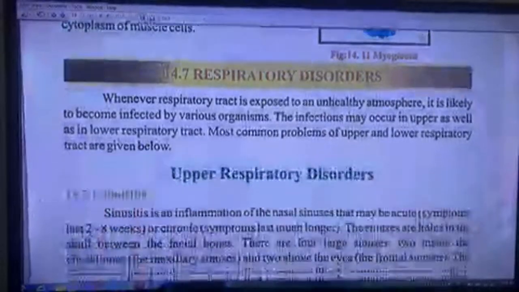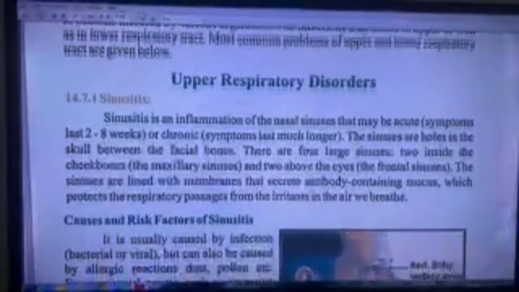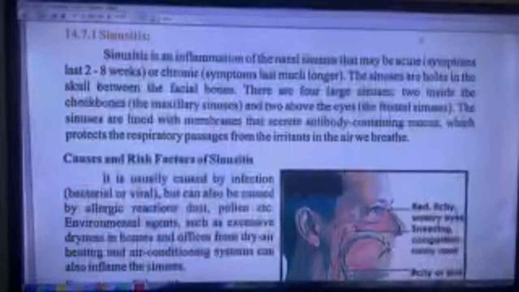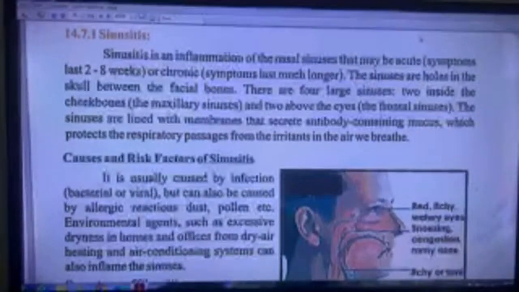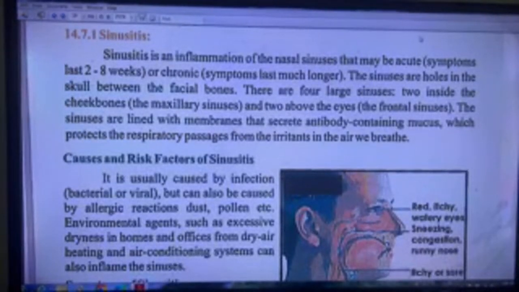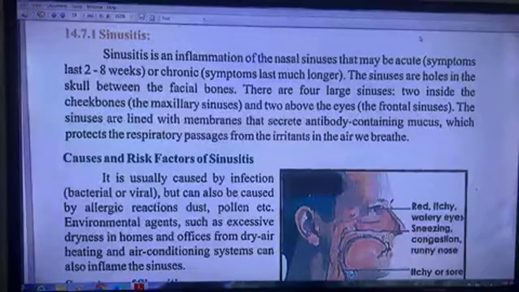Sinusitis, an upper respiratory disorder. Sinusitis is an inflammation of the nasal sinuses that may be acute, with symptoms lasting 2 to 8 weeks, or chronic, with symptoms lasting much longer. The sinuses are holes in the skull between the facial bones.